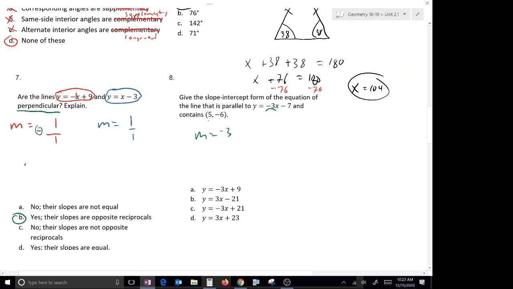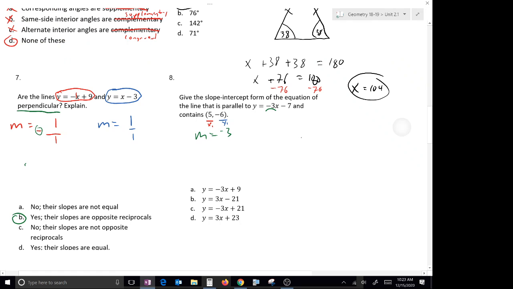Then we have our x and y. There's our y1. There's our x1.